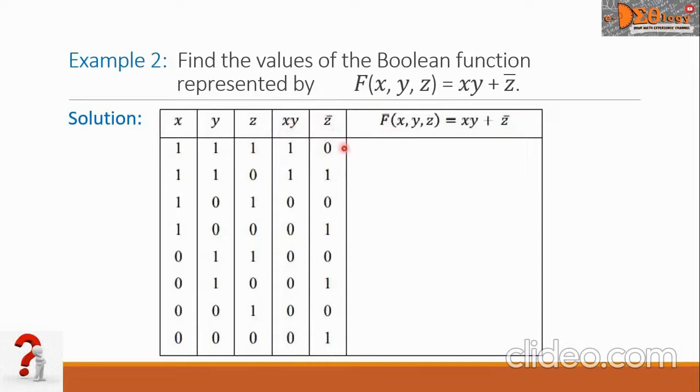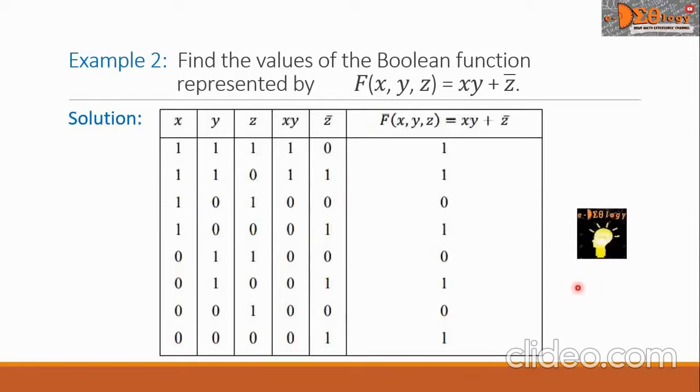We're going to add them. So 1 plus 0 is 1, 1 plus 1 is 1, 0 plus 0 is 0, 0 plus 1 is 1, 0 plus 0 is 0, 0 plus 1 is 1, 0 plus 0 is 0, 0 plus 1 is 1. This is our final answer.